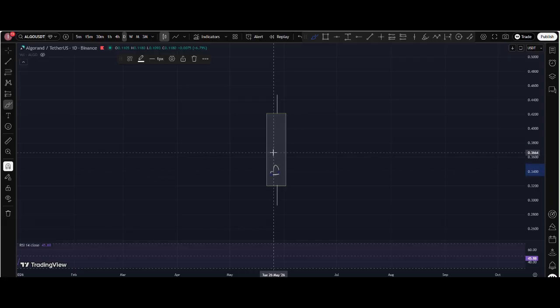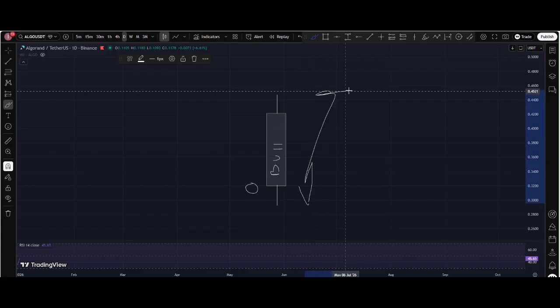How to create a bullish candle? A bullish candle starts at the lower level. This is the opening price, and the market opens in this area, the market goes downward, and next the market goes upward in this area.